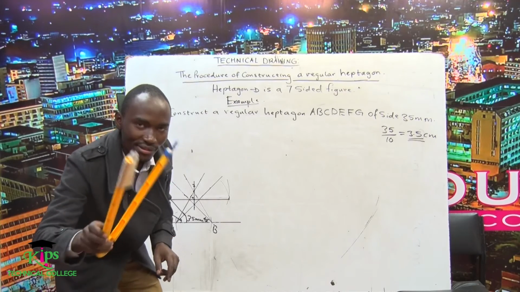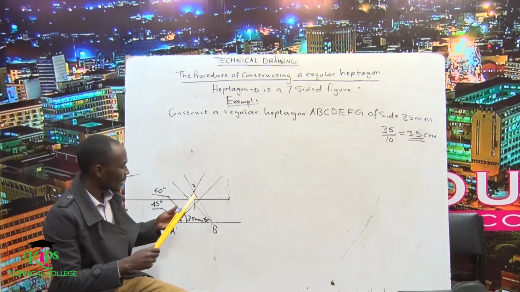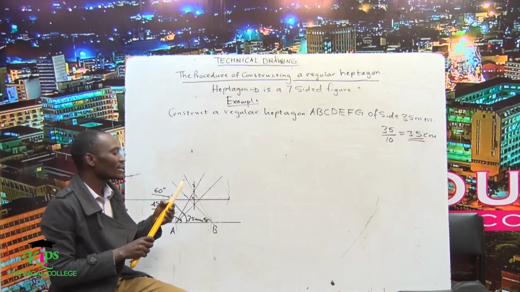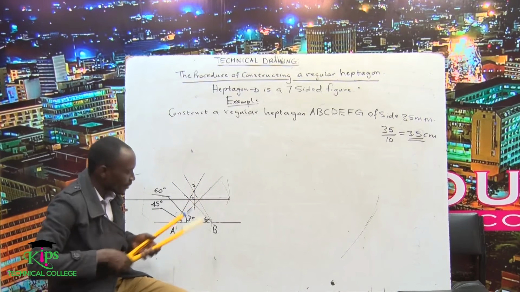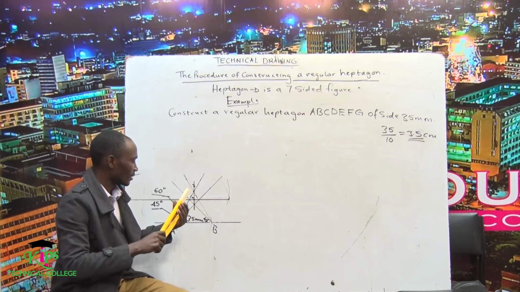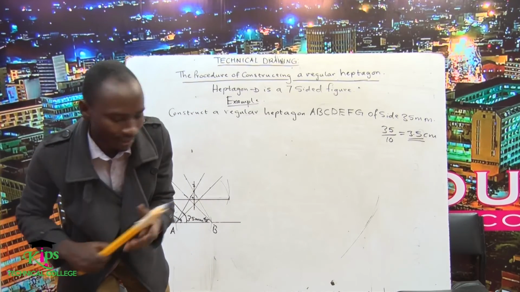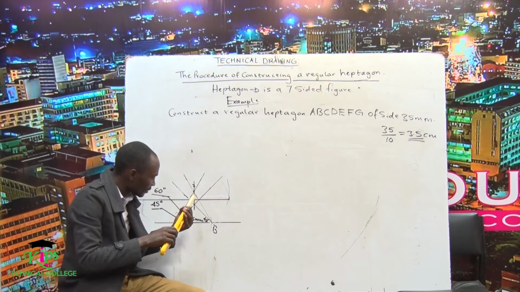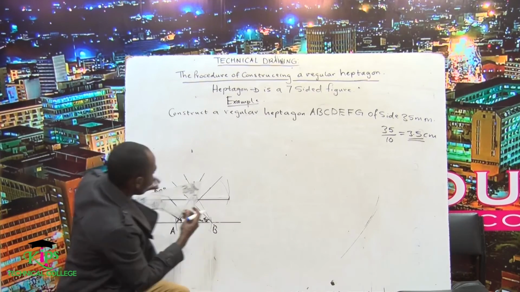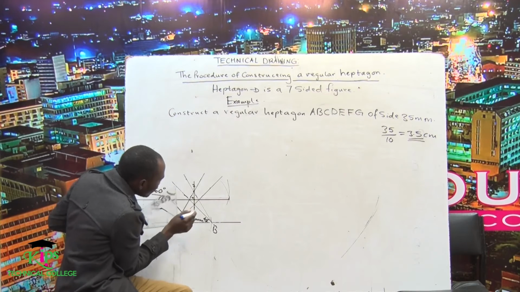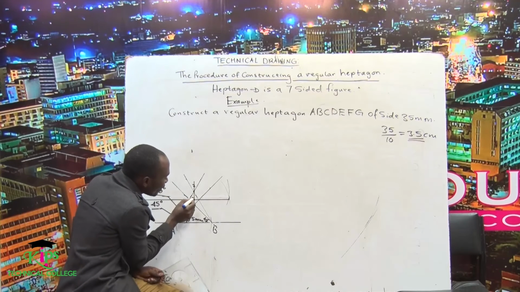Again, now I will use the same compass. Then I will transfer these measurements. Let me use a ruler, because from this point up to this point, I will transfer the measurements up.